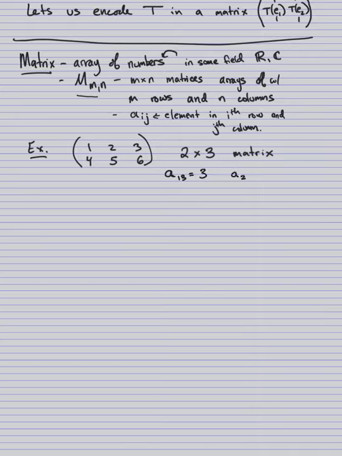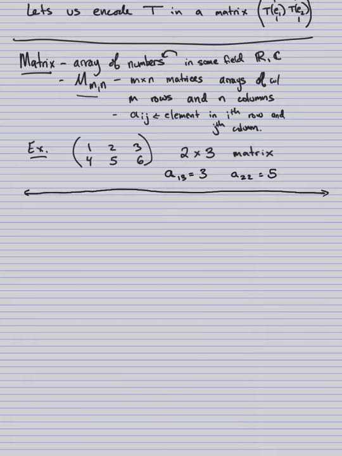Okay, A_2,2 is 5. And when I say that it's the only mistake you can make, I mean I will be making this mistake probably a lot, and you have to be careful to catch me. Okay, so anyways, this is how you get the entries of this matrix.